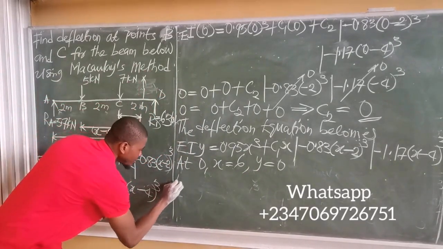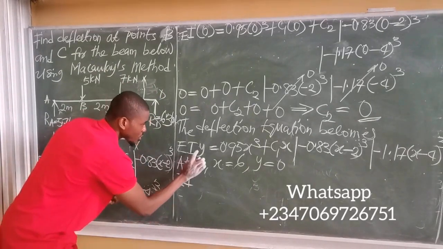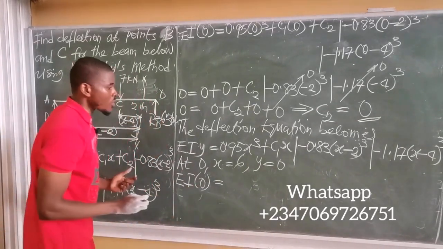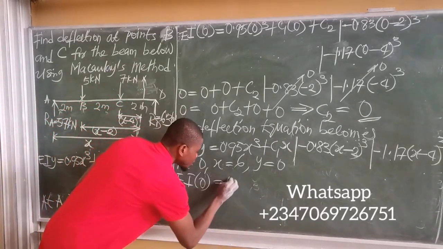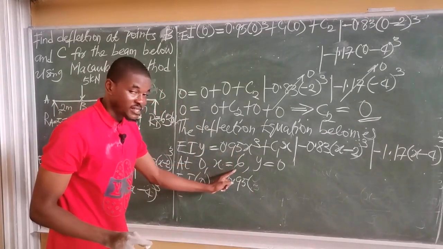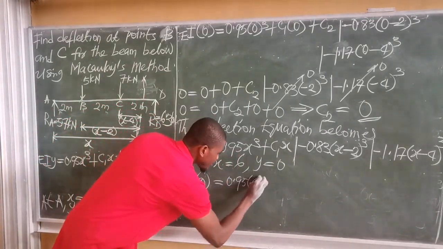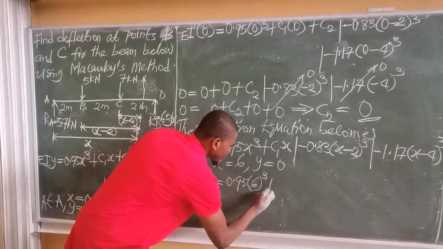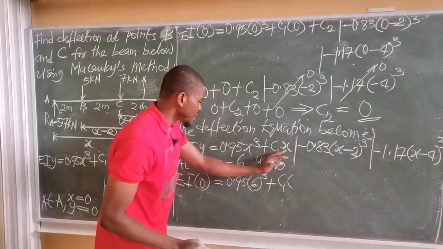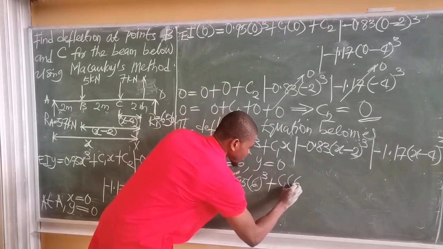We will have EI in place of y, which remains 0, so times 0 is equal to 0.95 in place of x cubed. X now is 6, so it becomes 6 cubed, plus C1 times, in place of x, 6.